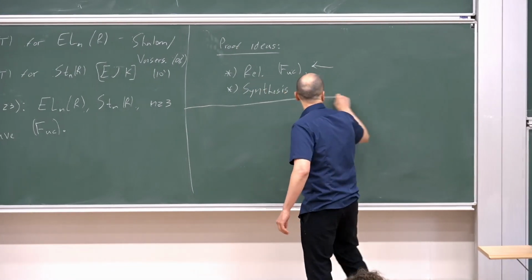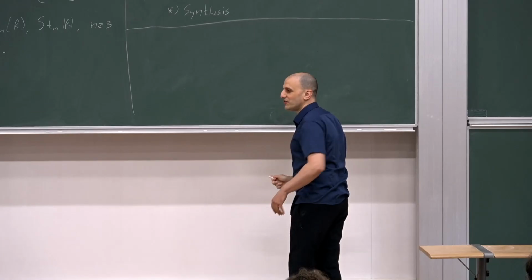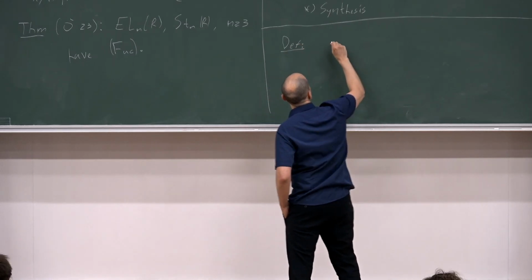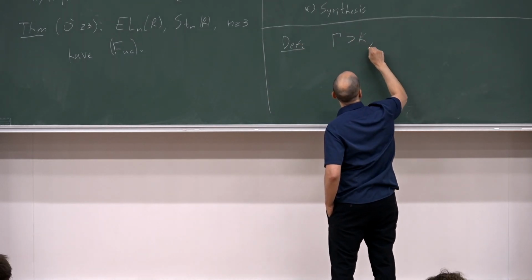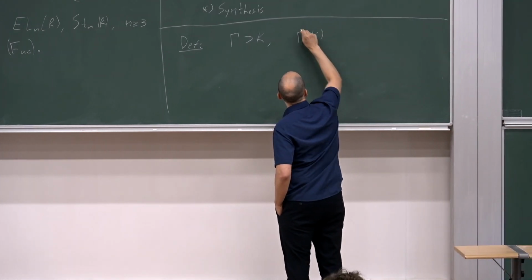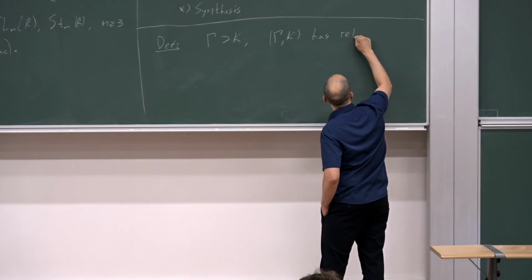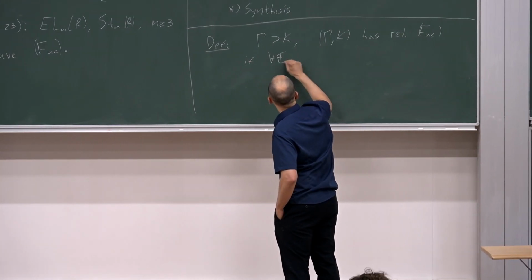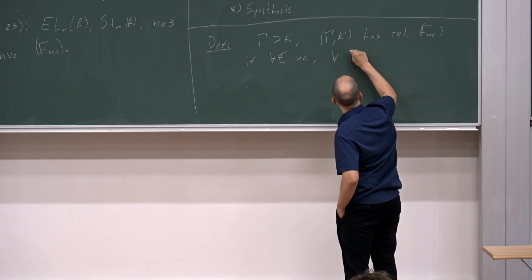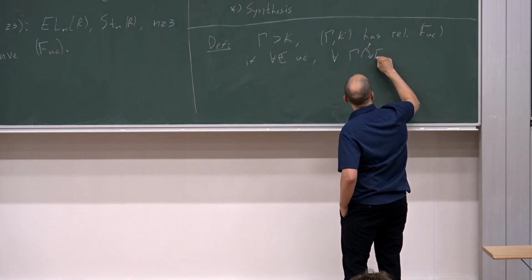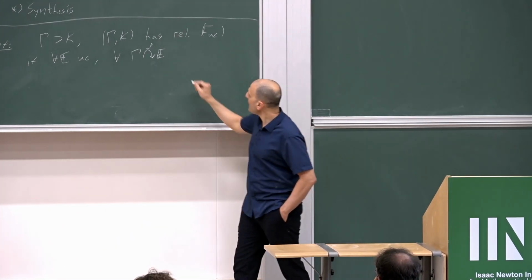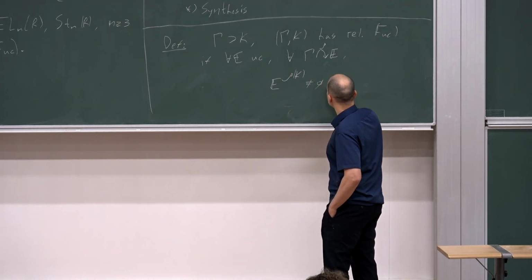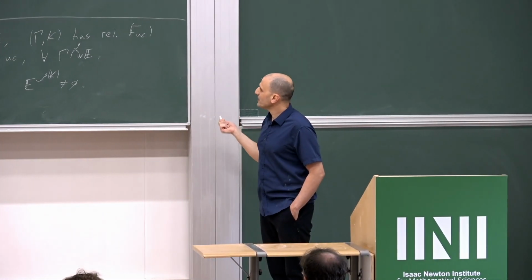Okay, so the relative thing is exactly what you think it is, but let me spell it out. So, definition: if you have a group Gamma and a subgroup K, you say that (Gamma, K) has relative F_UC if for every uniformly convex Banach space and every affine isometric action of Gamma on that space, there is a fixed point of the subgroup K. So that's what relative fixed point means.